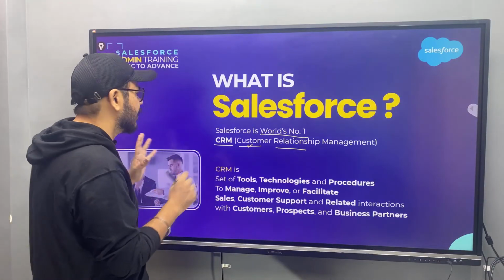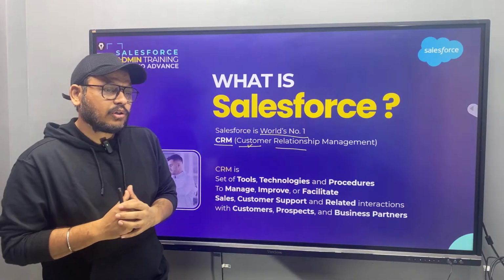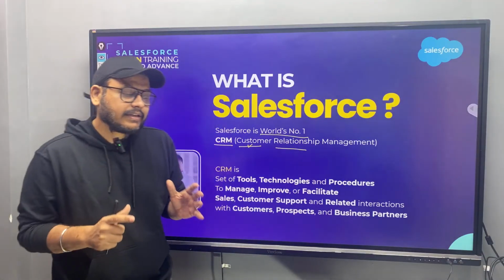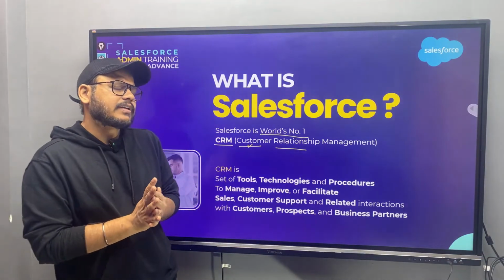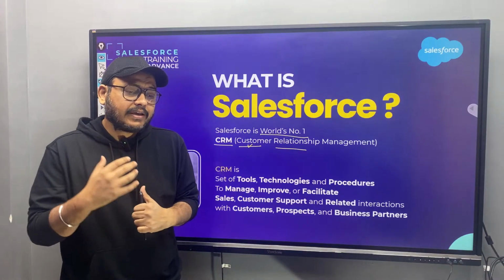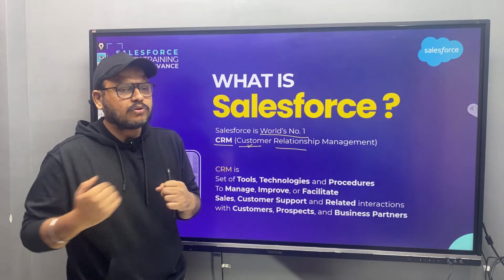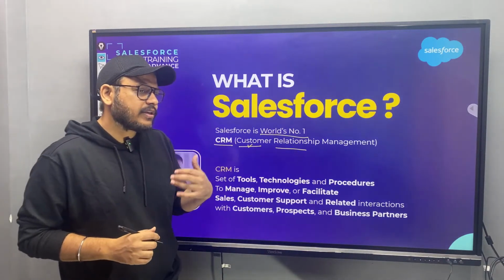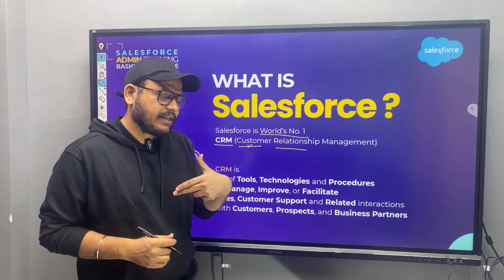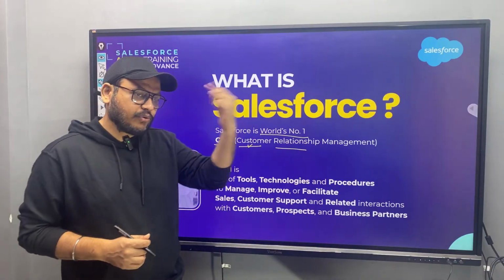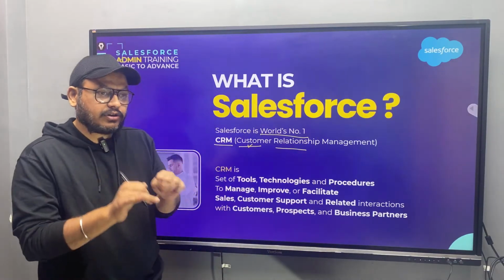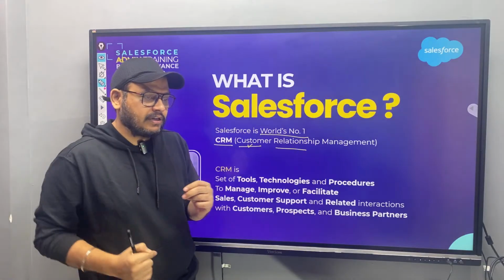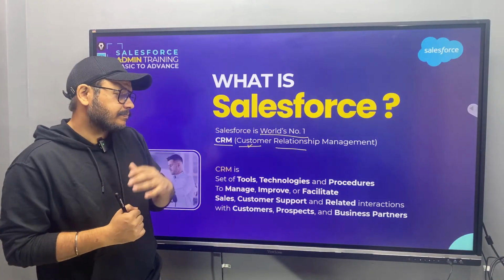Now, in addition to all these things, other than keeping track of all the information, CRM is also expected to help you improve the process you interact with your customer. For example, every time a customer has raised an inquiry, if there is a need for me to respond to that inquiry, that hey, thanks for raising your inquiry, we have got your inquiry, we'll get back to you in a couple of days.